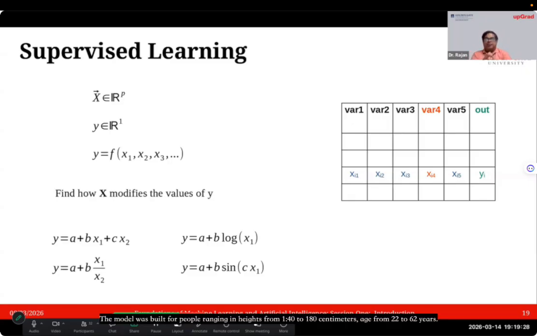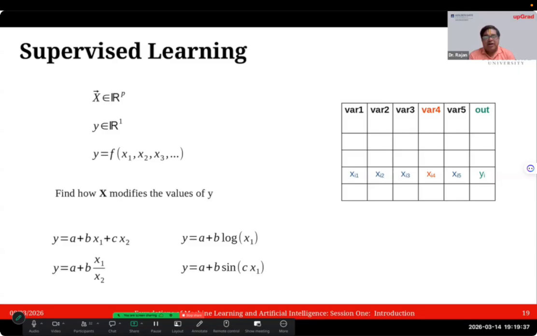The model was built for people ranging in heights from 140 to 180 centimeters, age from 22 to 62 years. But here there is a person who is 100 centimeters tall and whose age is 8 years. So this data point is not in the domain for which the model was built. Therefore, it's outside the domain.